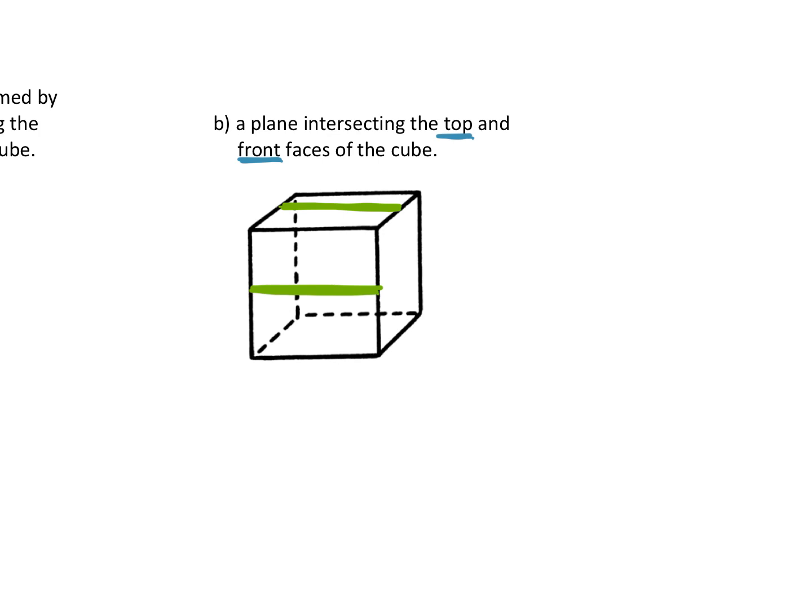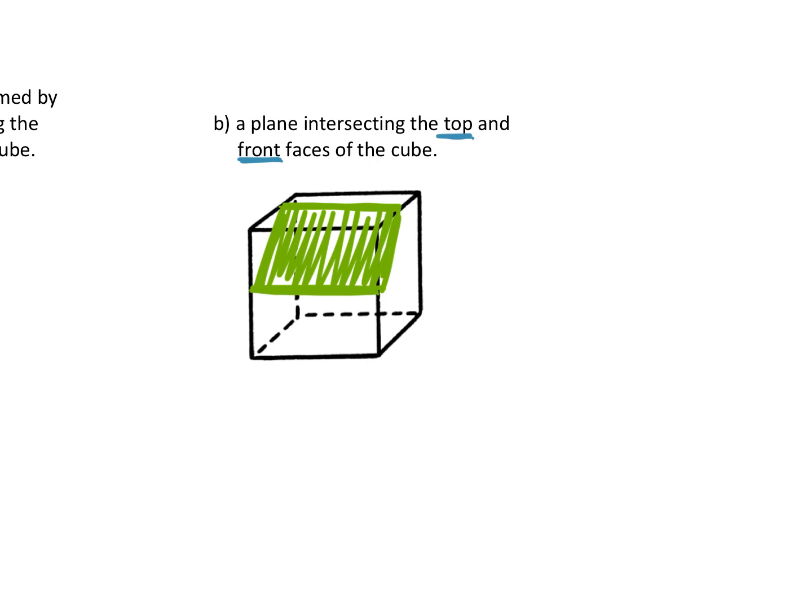Here's your figure, right? If this is your front and your top, it's cutting through like this, and it's going to come through. So it cuts through on an angle, kind of like this. Here's how you would do it. Draw this in, and then shade. That would go through the top and the front faces.